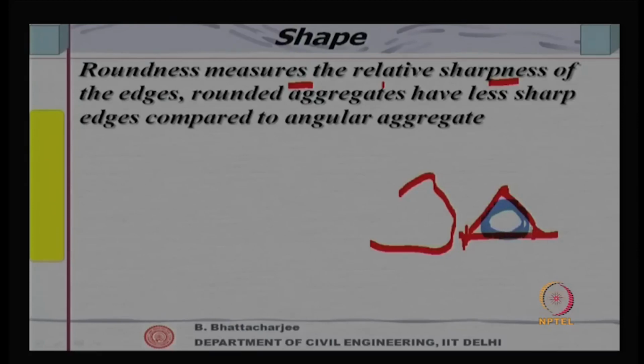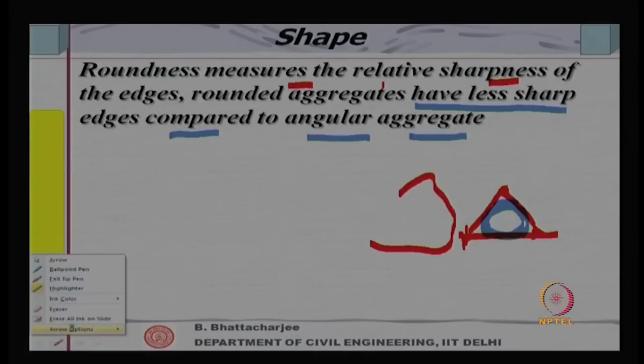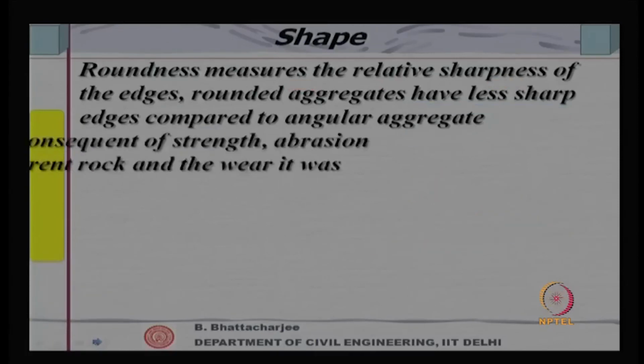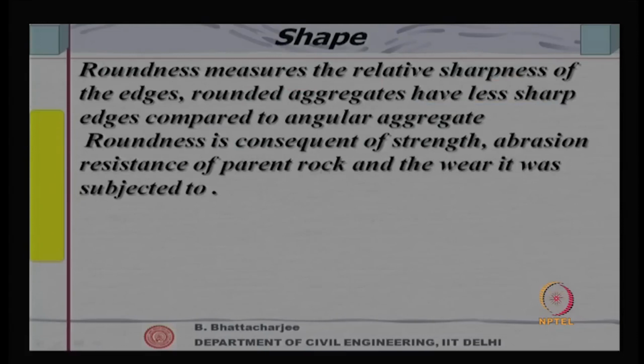Normally, natural aggregate will have a tendency, due to abrasion and weathering action, for these sharp edges to vanish. So, the initial shape was angular. Rounded aggregate has less sharp edges compared to angular aggregate. Roundness is a consequence of strength and abrasion resistance of the parent rock and what it was subjected to.